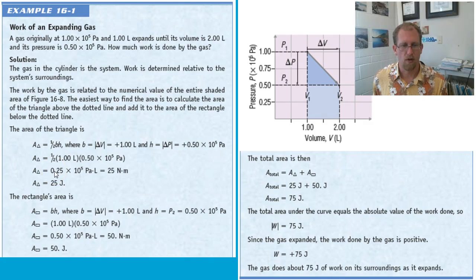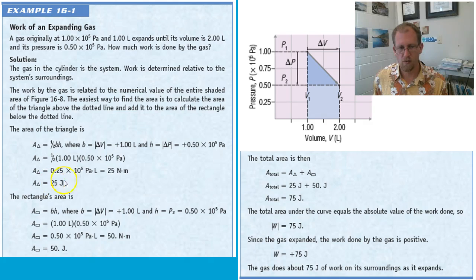And so we can multiply this across and get 25 Newton meters, which then is the same as 25 joules for the area of a triangle. And then the area of the rectangle is 1 times half of a Pascal times 10 to the 5th. Multiply that across and convert, and that gives us 50 joules.